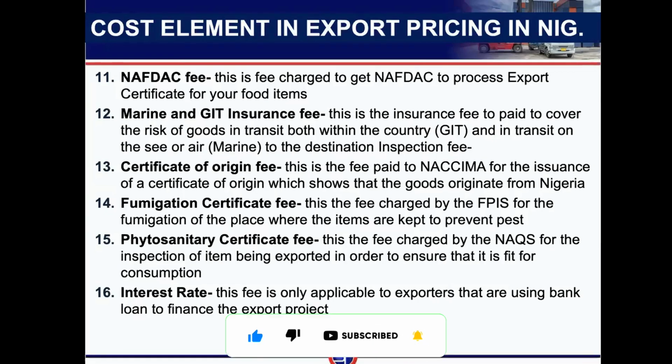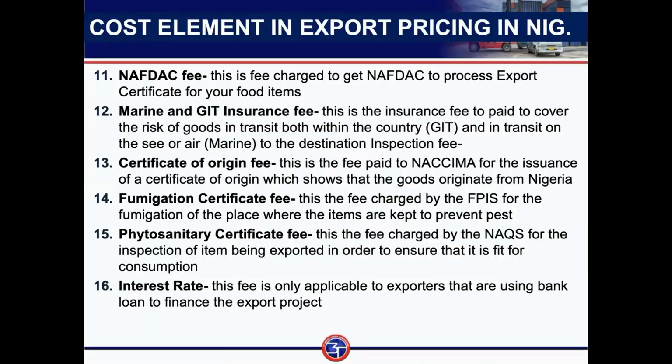Now, marine and goods in transit is the insurance you do for goods moving within Nigeria, either from the manufacturer, from the source to a warehouse in Lagos, or in some cases from the warehouse to the port. So either from the source or from the warehouse to the port, whichever way you do it.